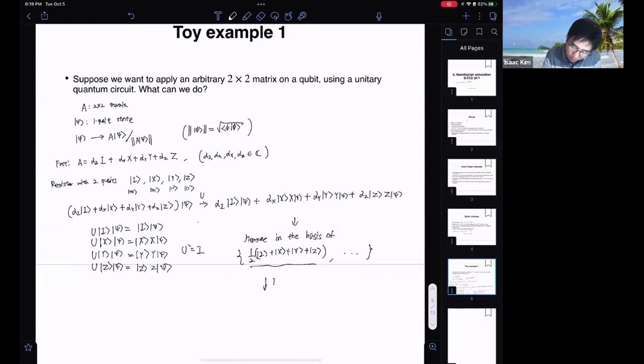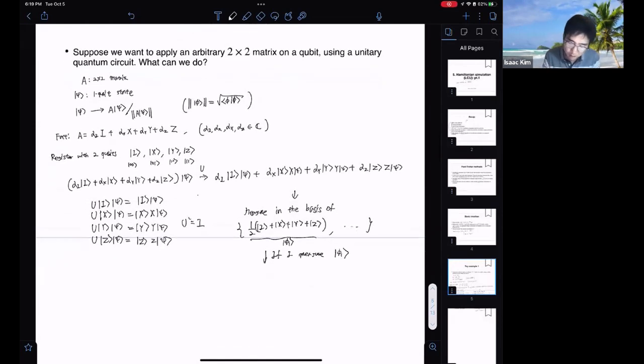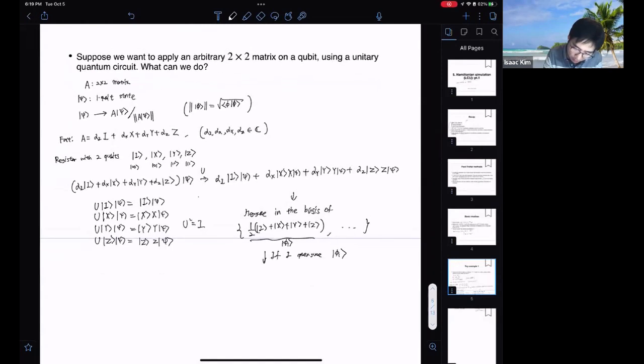So if, and maybe let's call this phi 1, if I measure phi 1, then what you can verify is that the resulting state is this state, up to normalization.